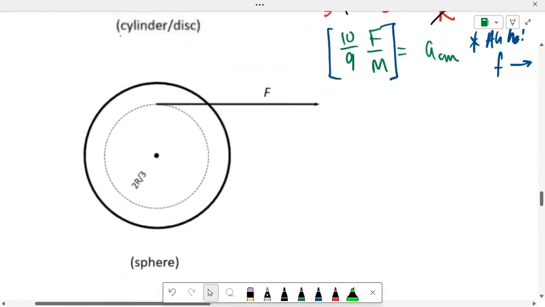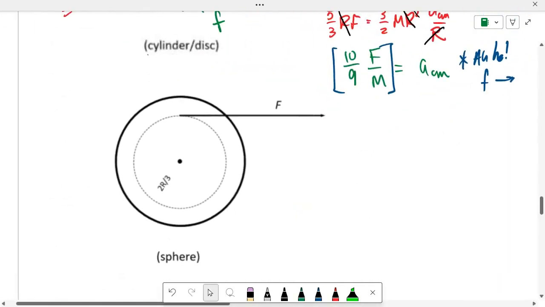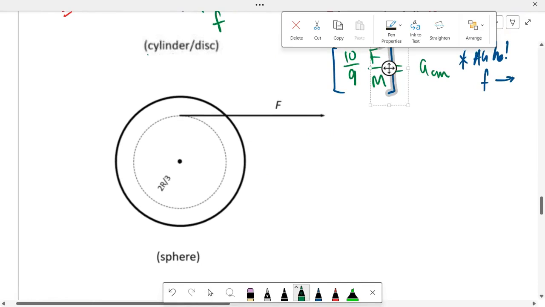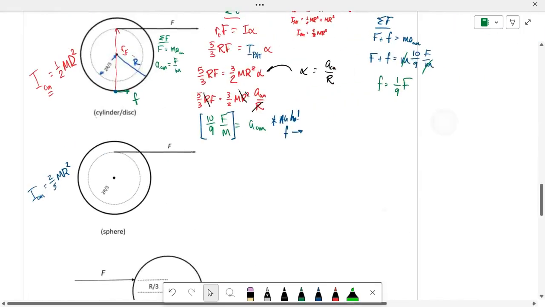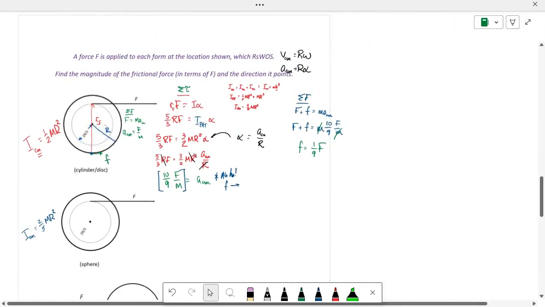Let's try another one. Let's say here's a solid sphere, where ICM of a solid sphere is 2/5 mr squared. Let me shrink all this stuff.